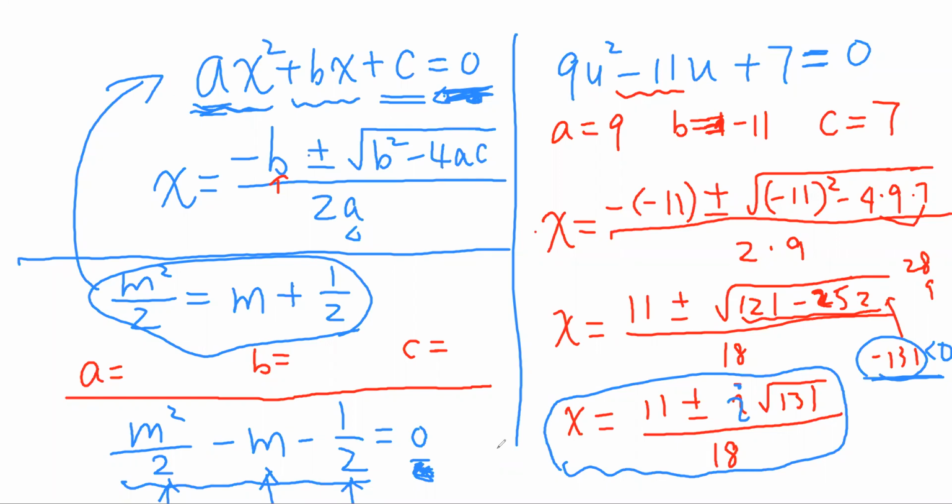The coefficient of this term is half, the coefficient here is -1, and c is the constant number, -half. So after that, you can find the solutions. First you need to find out which one is a, which is b, and which is c.